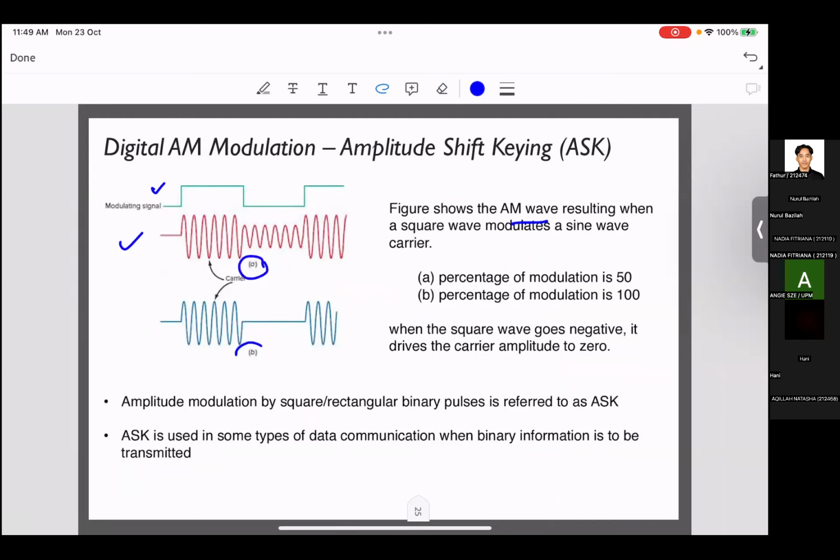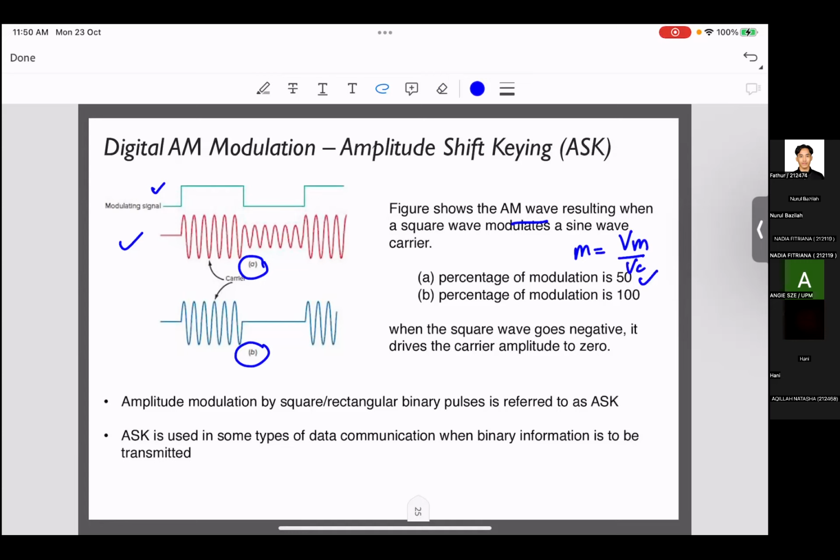This is A and this is B. So in A, the M, or the modulation percentage, is 50%, which means that it's modulating only half. What is M? Remember, M is VM over VC. So it's only going half of VC.